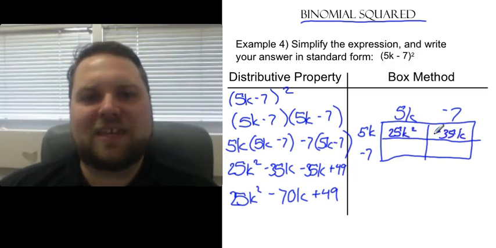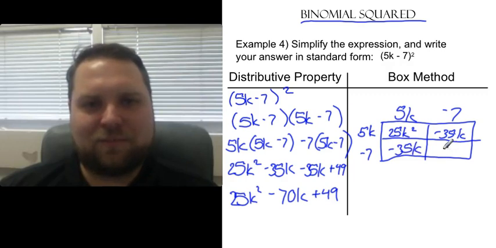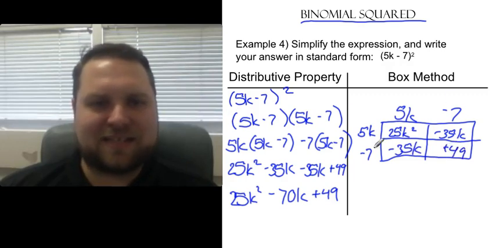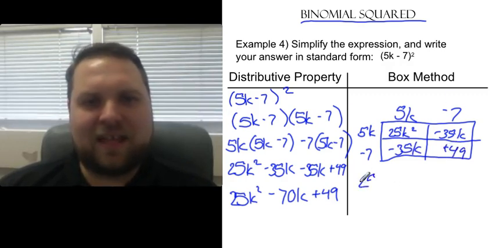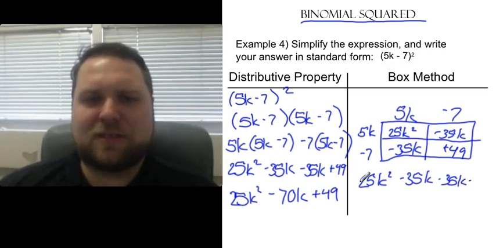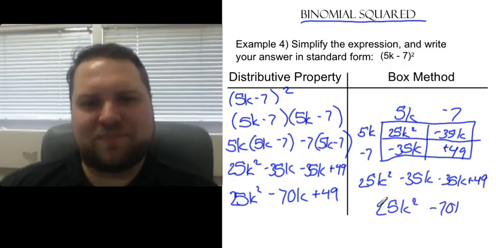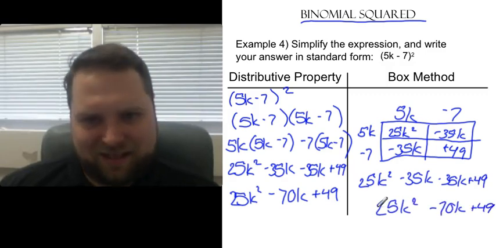Minus 35k, minus 35k, and plus 49, because a negative times a negative, and we end up with exactly the same thing. And my dearest hope is that you're getting so bored with this because you already know how to do it. That would be amazing. And so there you go.